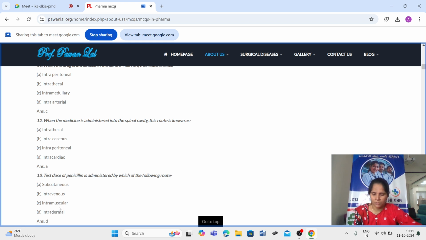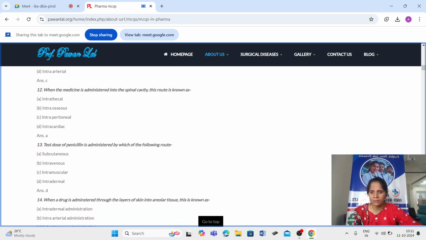Intramuscular means through the muscle, and even the angle of injection will be different for these different routes of drug administration. And next we have intradermal, in the sense it will be very deep. So the test dose of penicillin will always be given by only one route, that is intradermal, not subcutaneous or intravenous or intramuscular. It is totally intradermal.